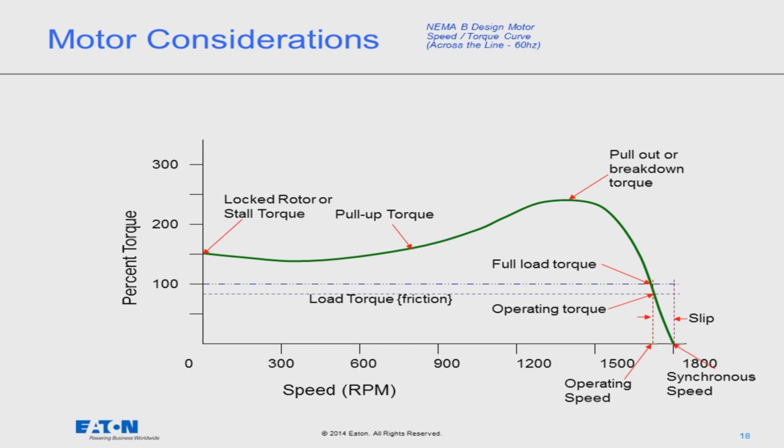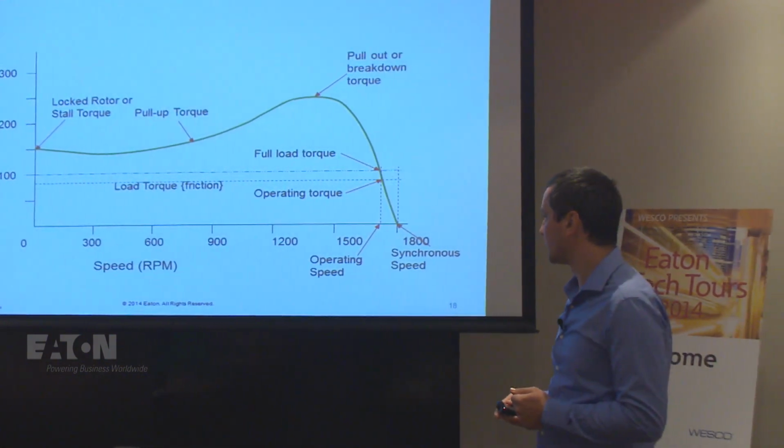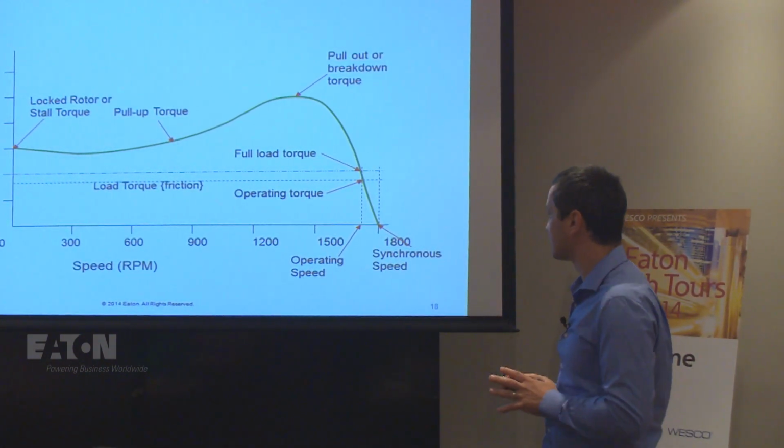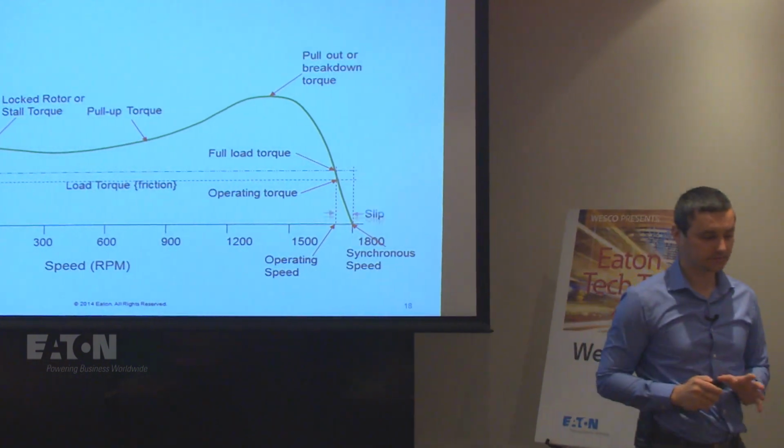This area where your slip is, is the area where we can play. The higher the efficiency of the motor, the shorter interval we'll have for that slip, so less room to play with the VFD and the motor. Okay, so this is pretty much the standard curve.